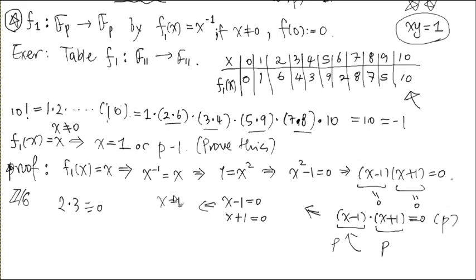Does it look right? What about the other one? x equals negative 1. Is there a different name for that? p minus 1, right? In the finite field. So from this analysis, what do we know? If you look at this type of table, at the very beginning, 1 goes to 1, right? At the very end, p minus 1 goes to p minus 1. Everything else will be mixed up.